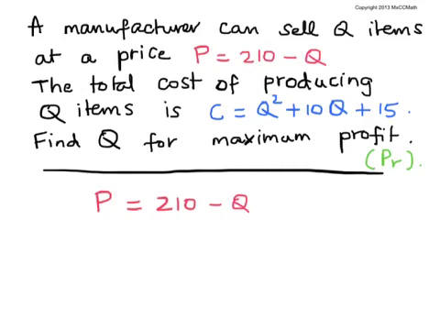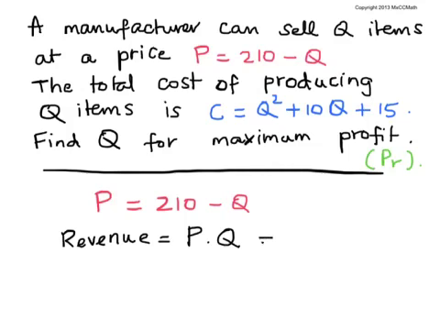So if the price of each individual item is P and Q items are sold, the total money inflow, which is the revenue, is given by multiplying the price and the number of items sold.